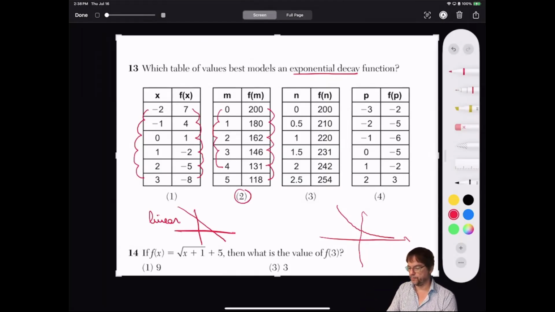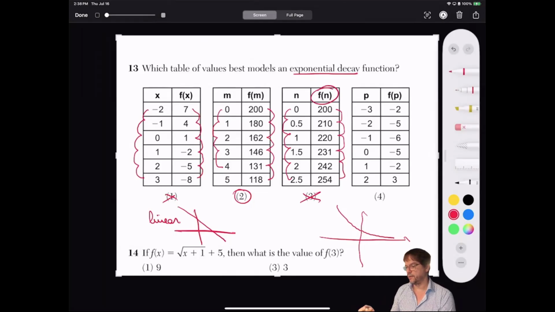I will consider this, but I'm not sure. I will check the other ones. Here x grows a half and y grows. So it's growing, it is not decaying. Is that okay? And it's not even proportional.